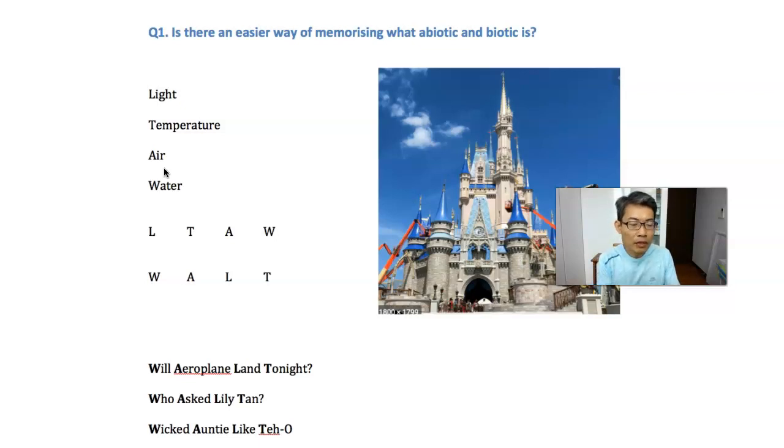Now, you will notice that in your textbook, because some of you may have this question, let's say you're looking at page 20. Turn to page 20 of this textbook, and you talk about this part on availability of food.